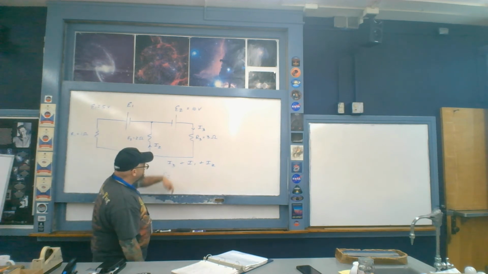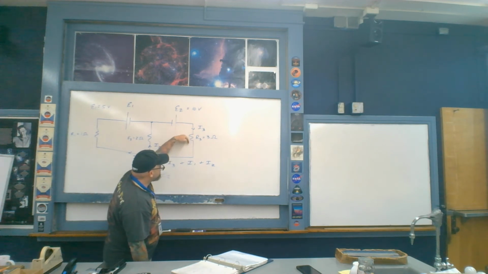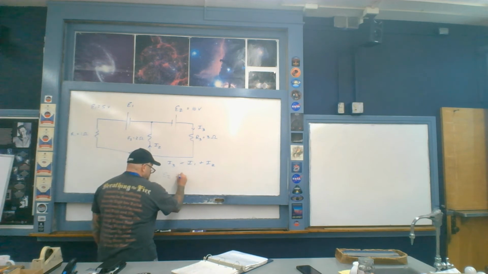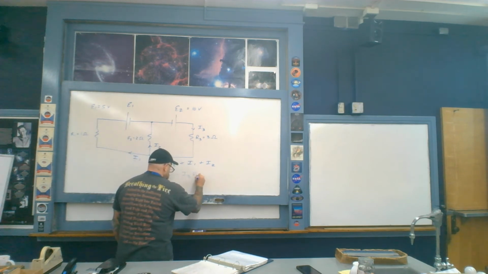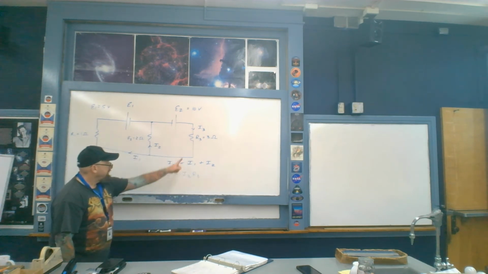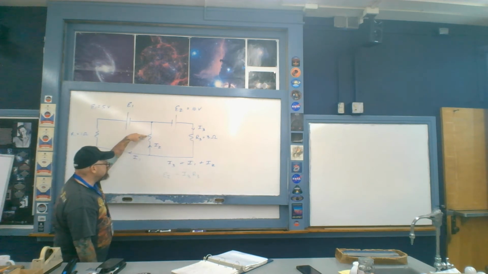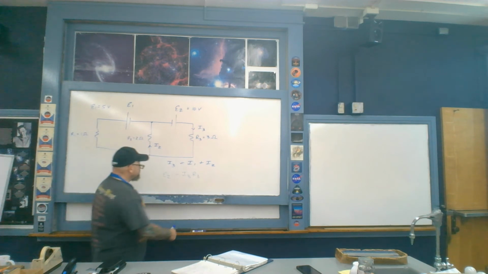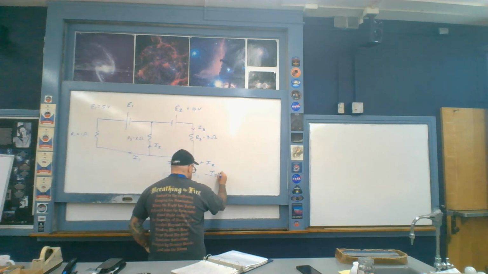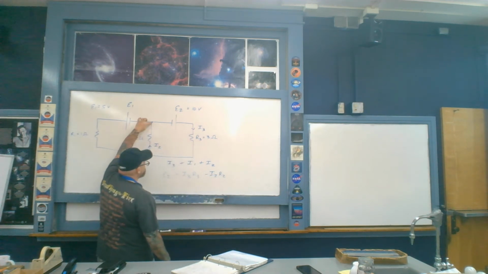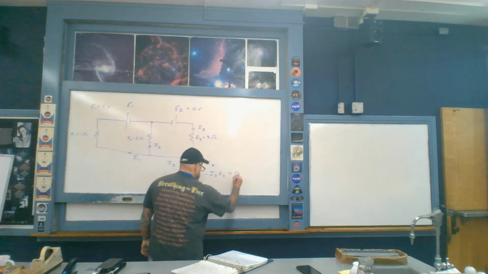And now I go with the current I3 across this resistor. So the potential difference is minus I3 R3, like so. And then I get to here, and then I go this way. And now I'm going with the current I2 across this resistor. So the potential difference is minus I2 R2, like so. And then I end up back where I started. 0.